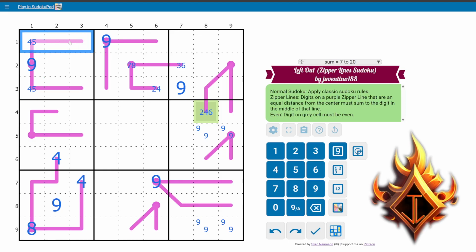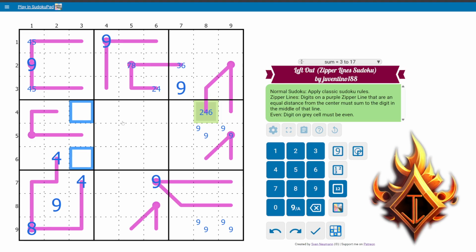But also, okay, that's all right. So 9 is on one of those, one of those. Okay, seem to mark that.